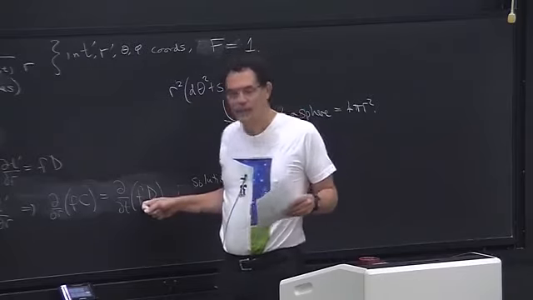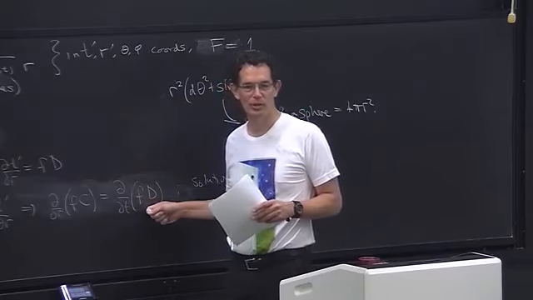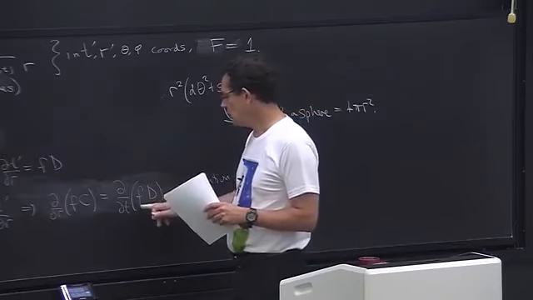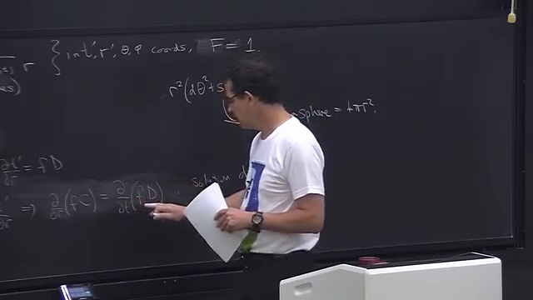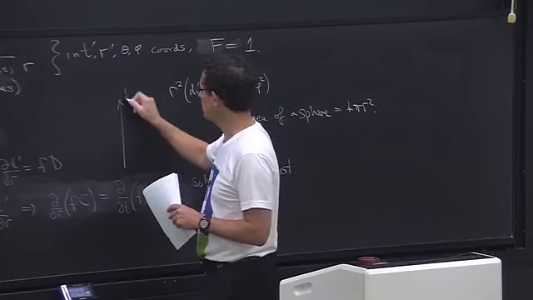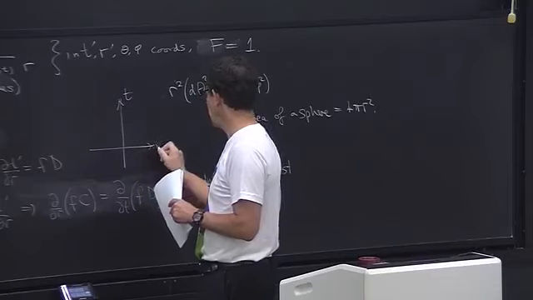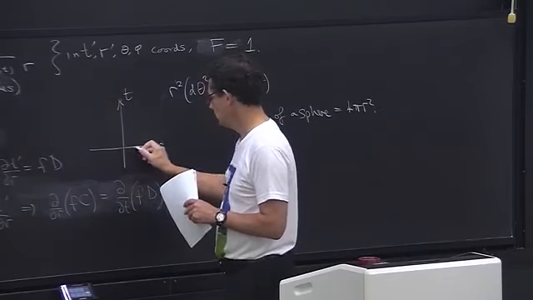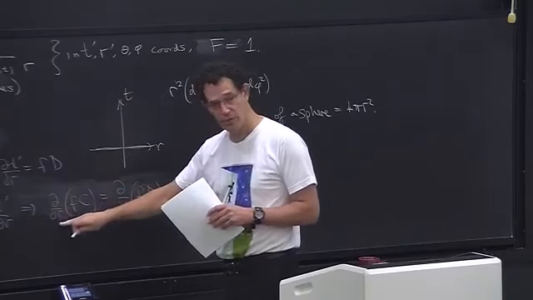I want to see, is there an f such that this equation is true? And the way to see it is to notice that this is like a time evolution equation. If I think of t as one axis and r as the other, given this function at t equals 0, I can work out its derivatives.